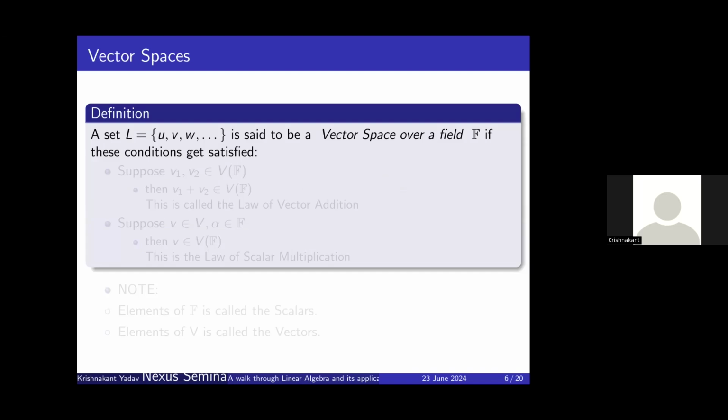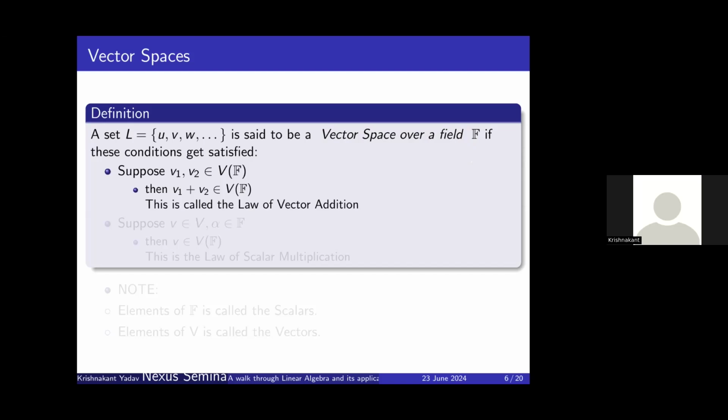Together with two operations, if V1 and V2 are elements of the vector space, we read it as a vector space over a field F. These conditions should be satisfied.